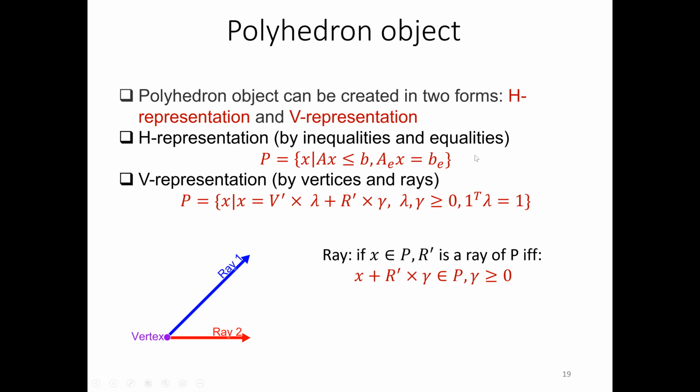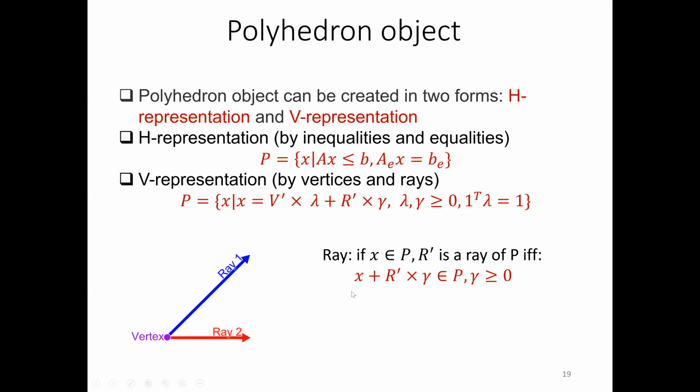And in V representation, we can represent a polyhedron object using vertices and rays. That is the formula for representing a polyhedron using vertices and rays, and here is a very simple figure. What does a ray mean?